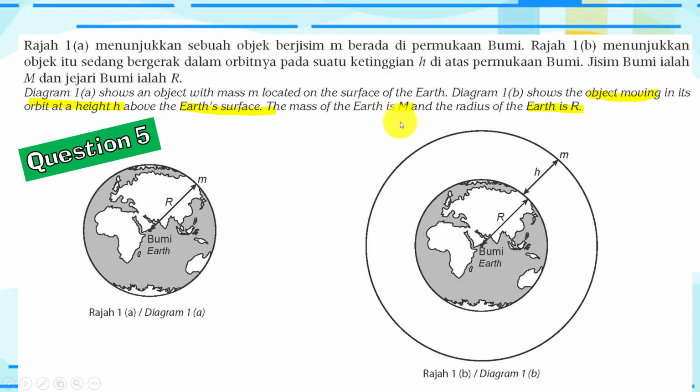Now the mass of the earth is m and the radius of the earth is r. So this one is exactly the surface of the earth. Then this one is the object that orbits the earth. That means the height above the earth is h. The r is the radius of the earth.